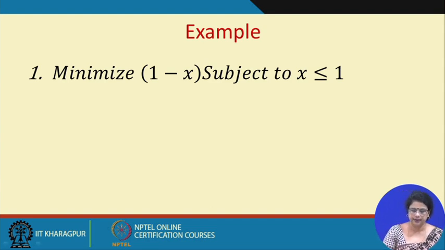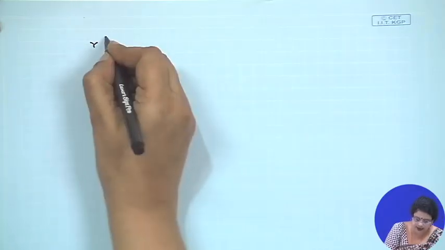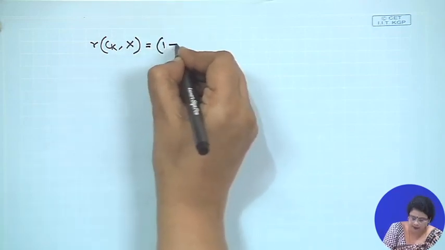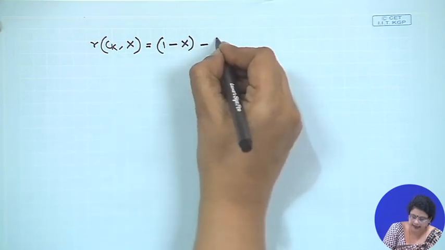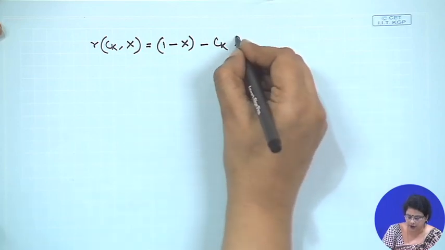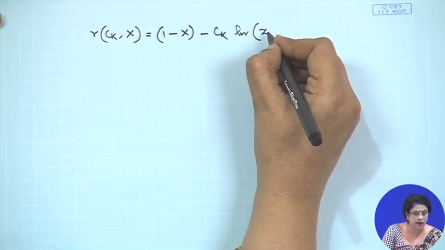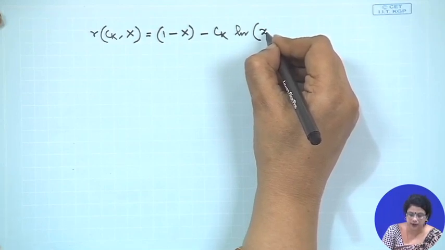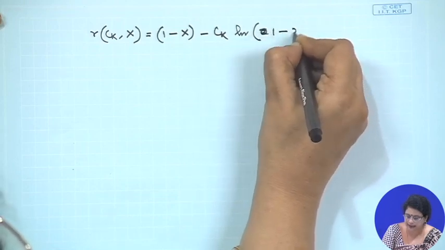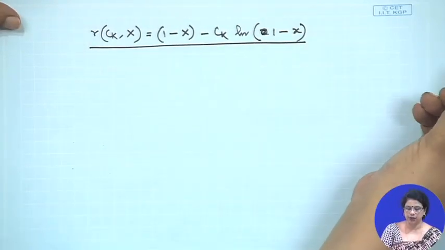Let me make the unconstrained problem as phi(Ck, x) equal to 1 by (1 minus x) minus Ck, and let me use the logarithm barrier function, ln of (1 minus x), all right, by using the logarithm barrier function.